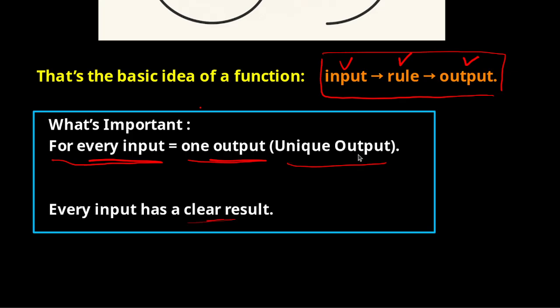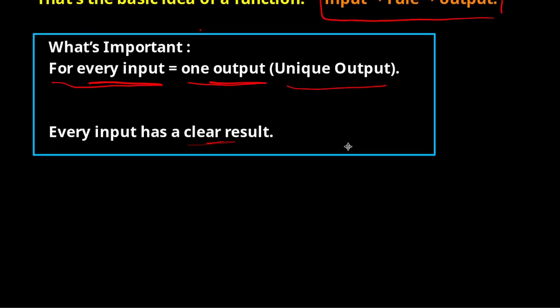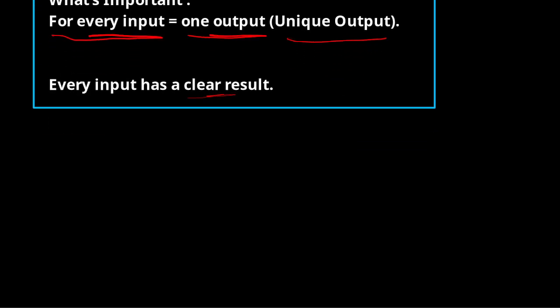So let's understand this with an easy example. I want to make a little diagram to understand it. So this is your machine. This machine takes some input.